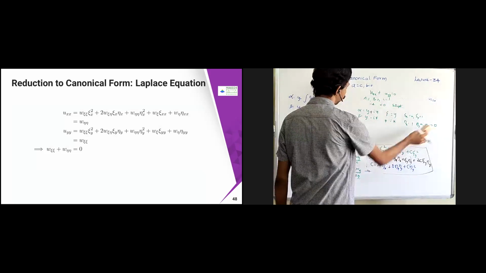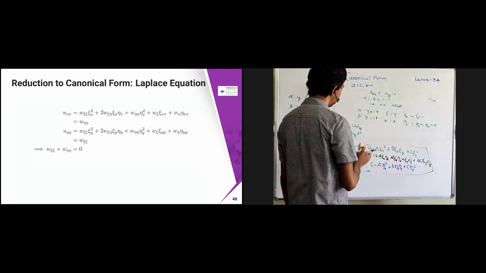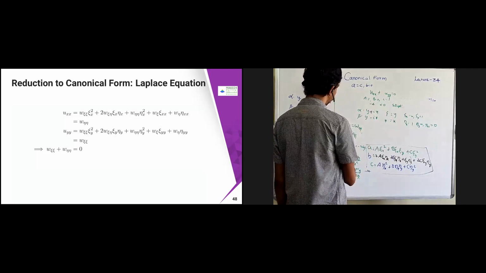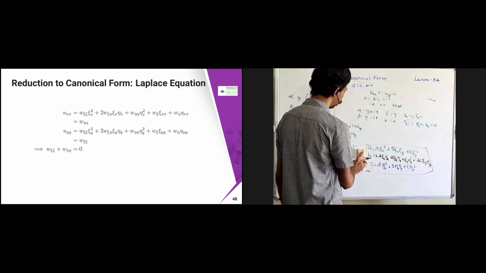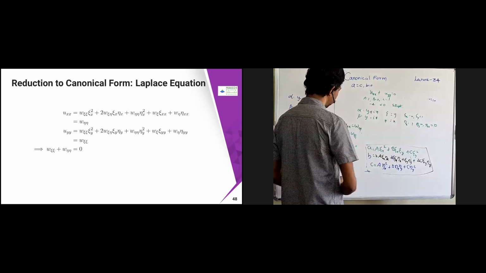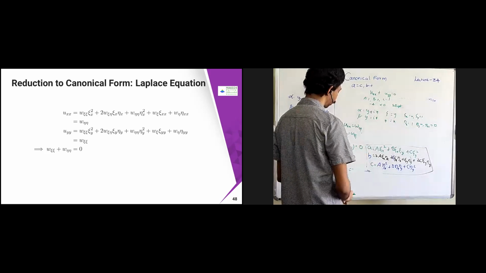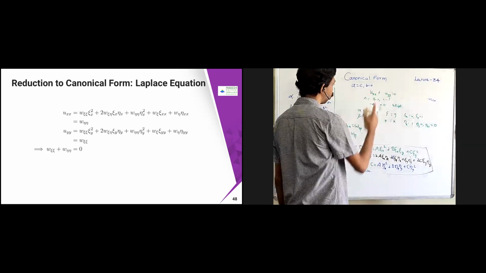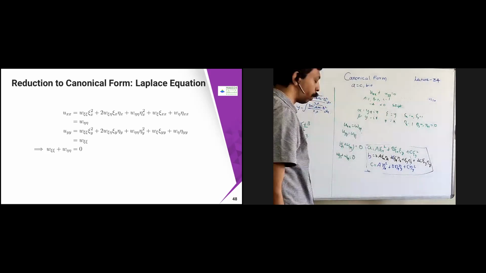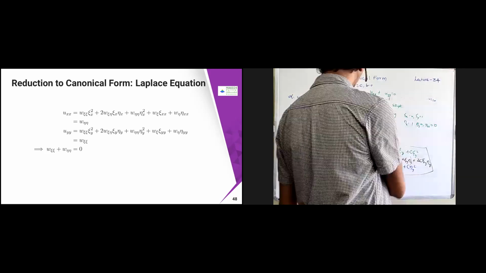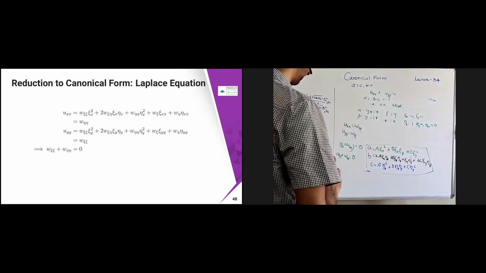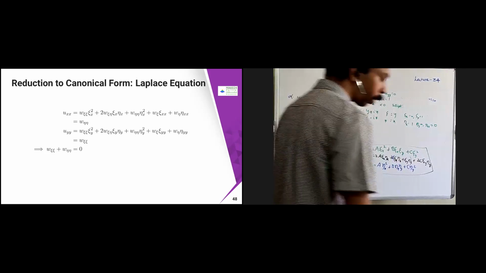Since it is 0, this is not going to be there. So we are going to get simply this one. Because ux plus uy equal to 0, therefore w chi plus w eta equal to 0. So you can see that almost the same kind of equations we are getting in both cases. Fine.